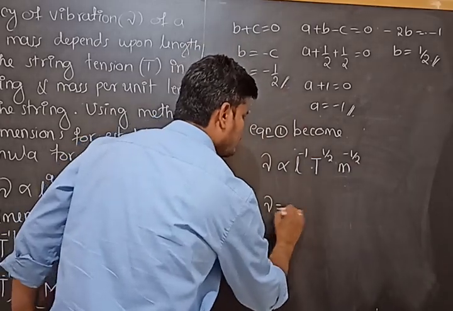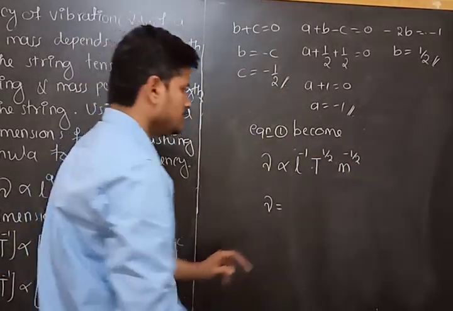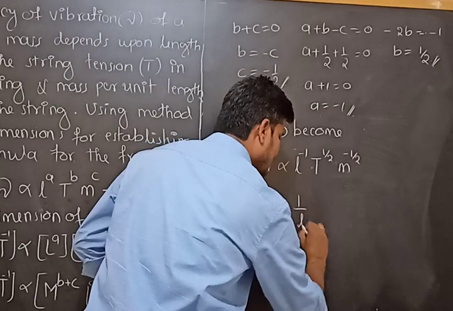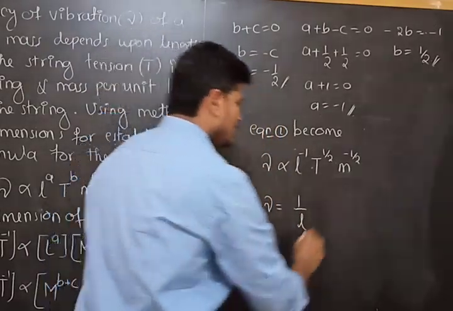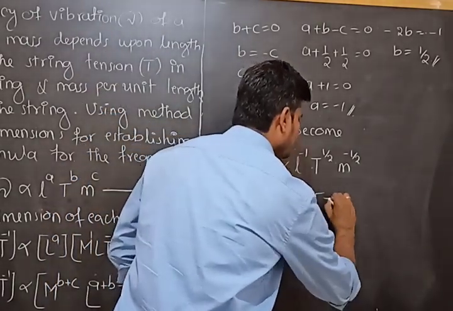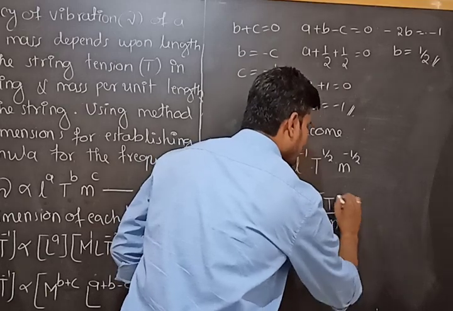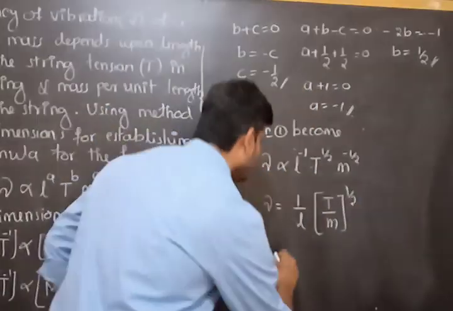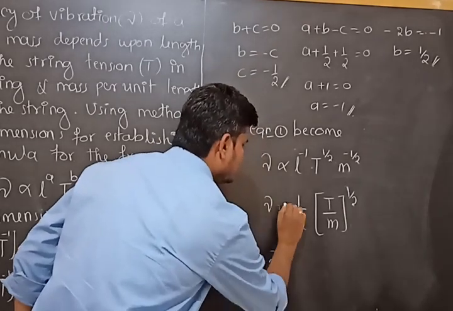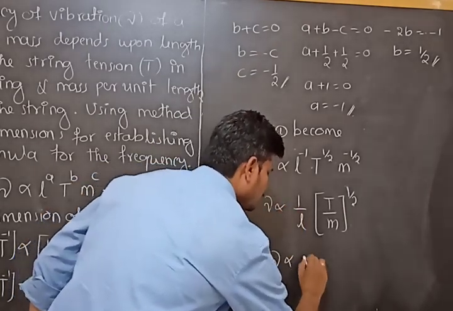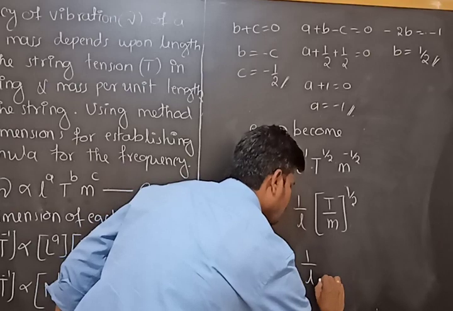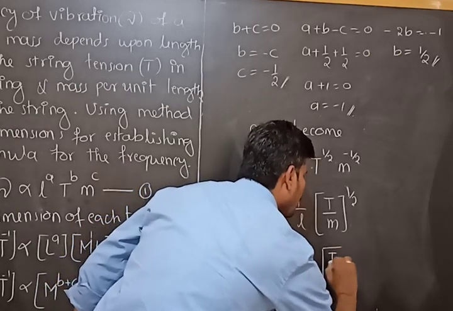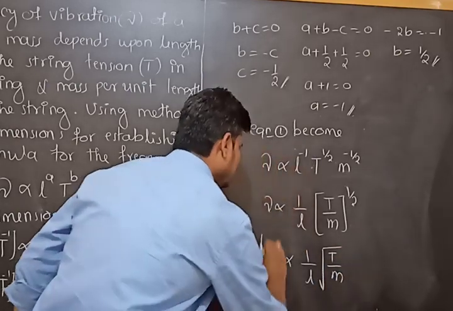Or frequency is equal to 1 divided by L into the bracket T divided by m whole raised to 1 by 2, that is, frequency is proportional to 1 divided by L times the square root of T divided by m.